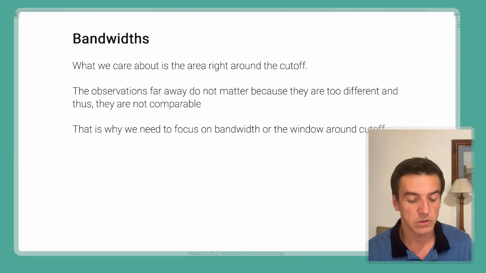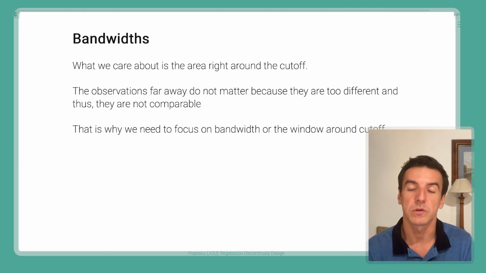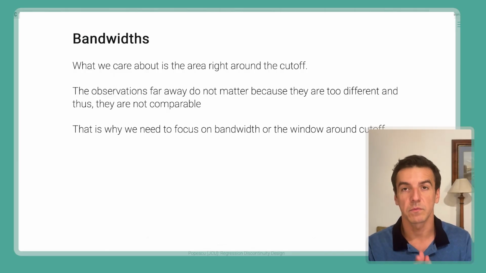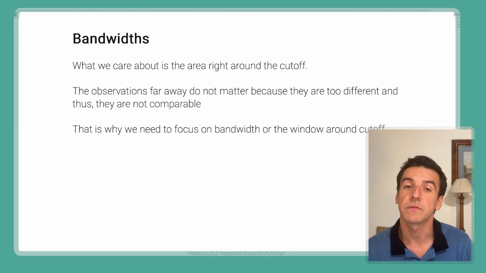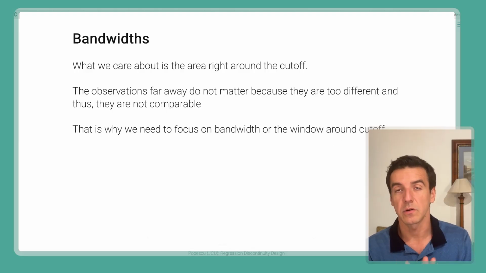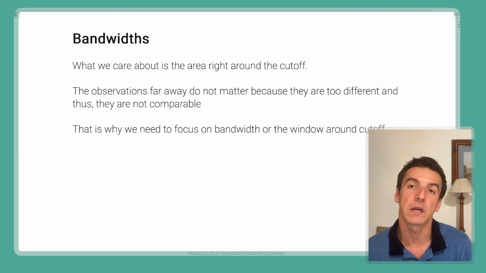The important thing to note is that, as you might imagine, the observations that are too far away from the cutoff shouldn't matter because those observations are way too different from the individuals that just barely got into the program versus not. So that's why they're not really comparable.